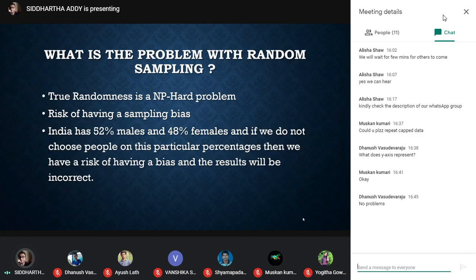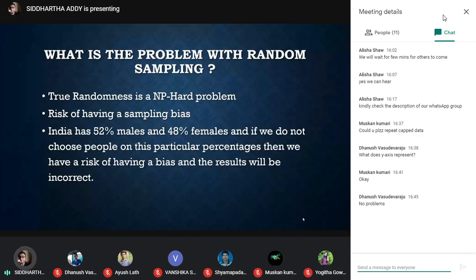So if you have to choose a thousand random people for a survey, you have to ensure that there are 520 males and 480 females. If this ratio is not met, the results from that survey will be incorrect, and those results will go directly into your garbage bin and be of no use.